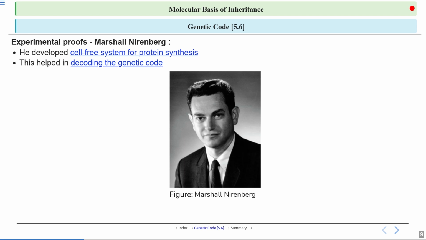And then comes Marshall Nirenberg. He developed a cell-free system for protein synthesis, and this helped in decoding the genetic code.